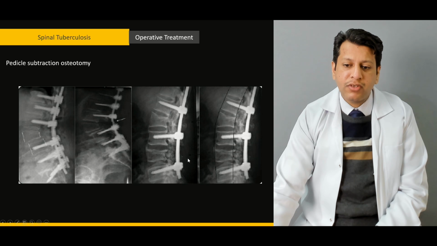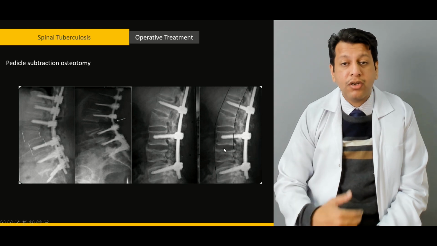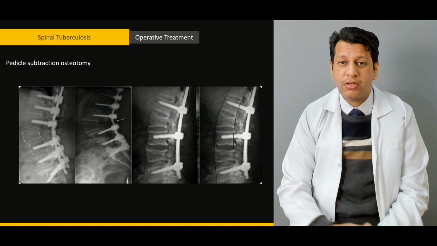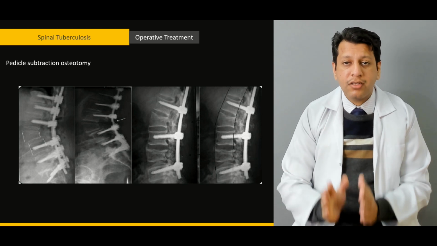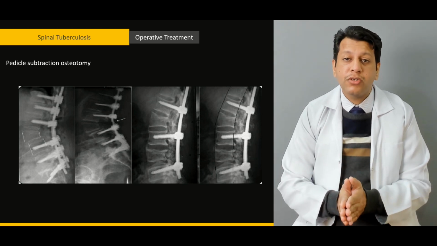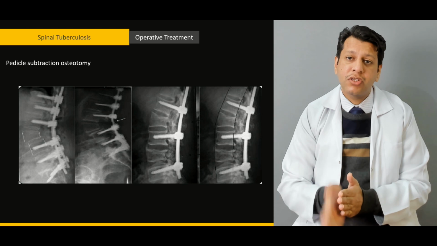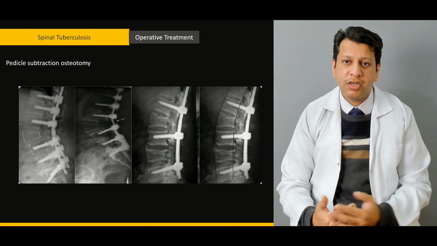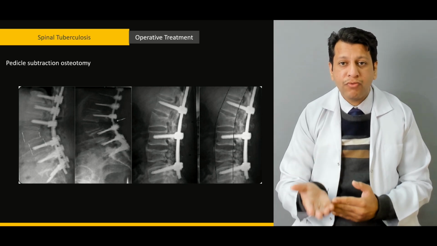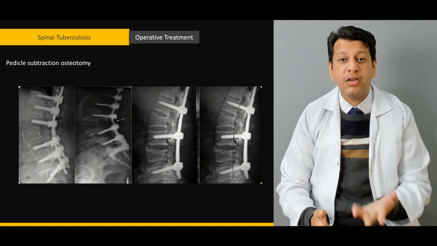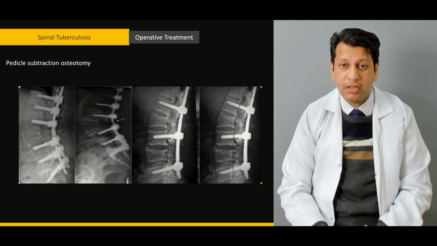And that is how they have stabilized it, so that although the range of motion of the joint would be lost, definitely the stabilization procedures are needed, so that once we have done the debridement and removed the necrotic tissue, the spine does not go into further kyphosis and may eventually lead to complete neurological or spinal cord injury.